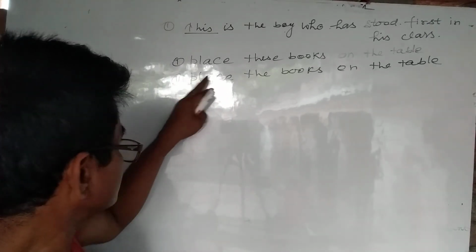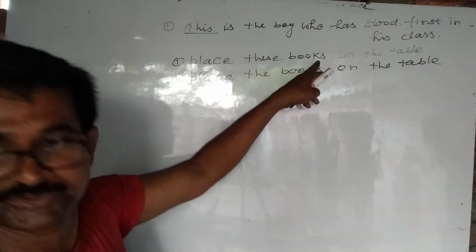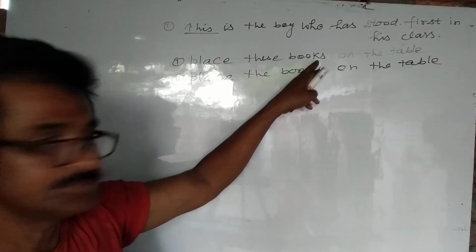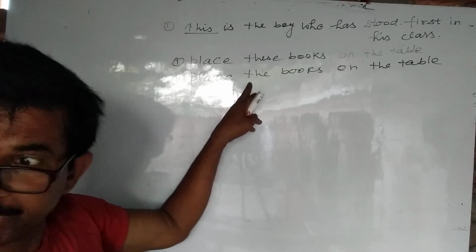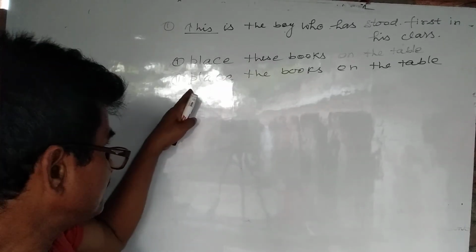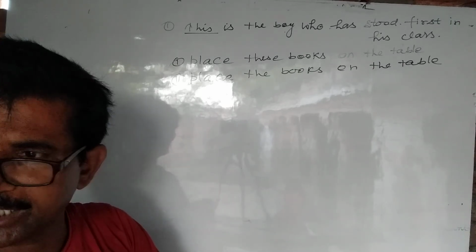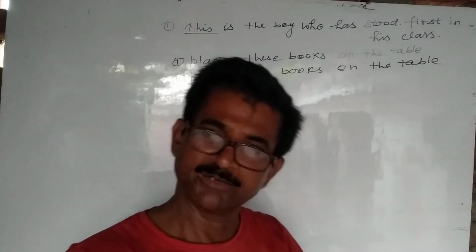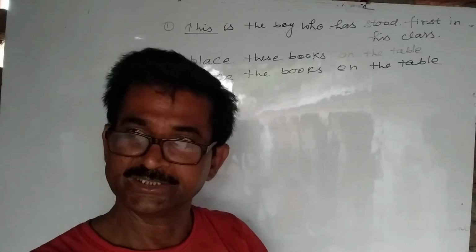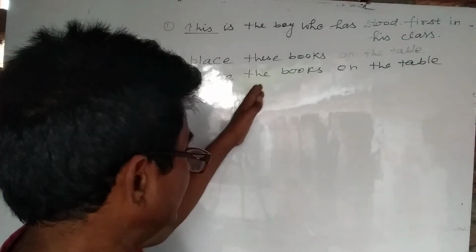Now these particularizes the books. इन्हीं किताबों को. Now here it does not particularize the books but says place the books on the table. किताबों को, इन किताबों को, उन किताबों को नहीं. अब किन किताबों को, इसमें कंडीशन नहीं दिया गया.